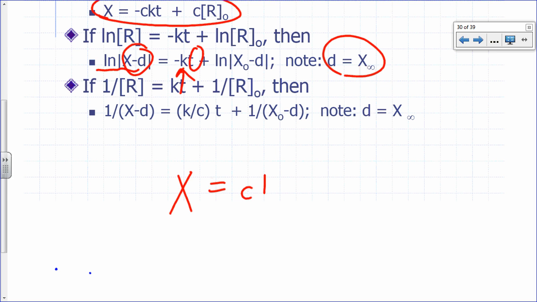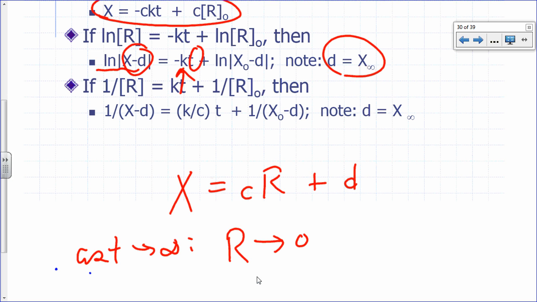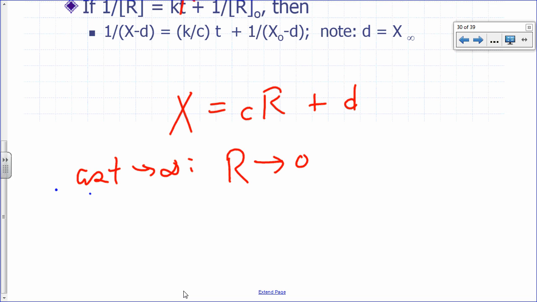It's a constant times r, right? Plus d, right? What happens as t approaches infinity? What happens to your r? Approaches 0, right? And so what happens is your x is going to approach the value of d.